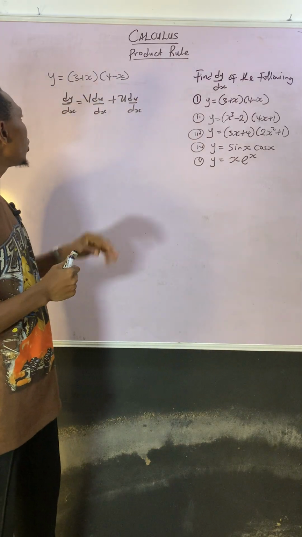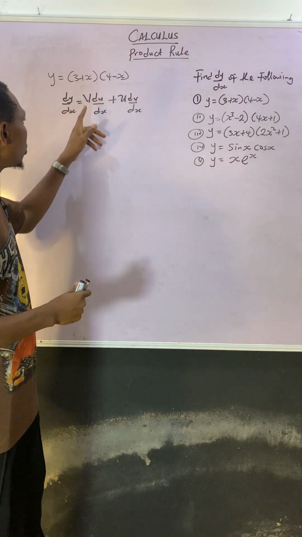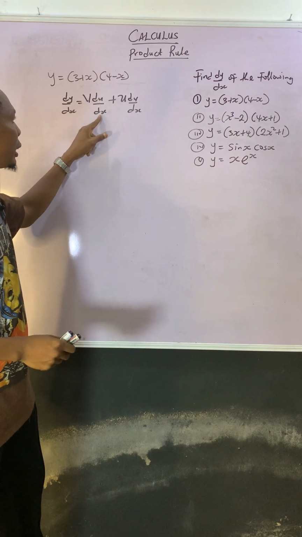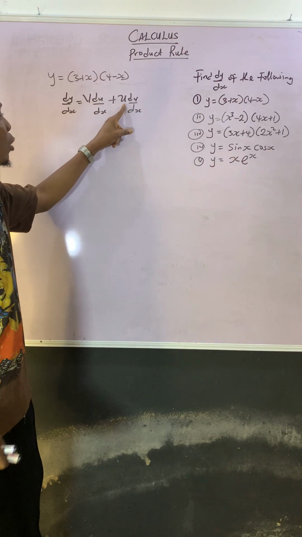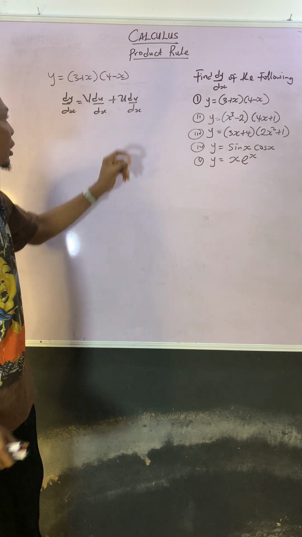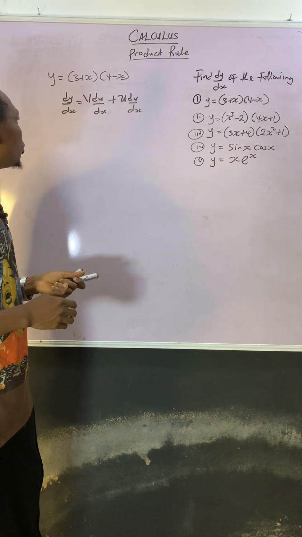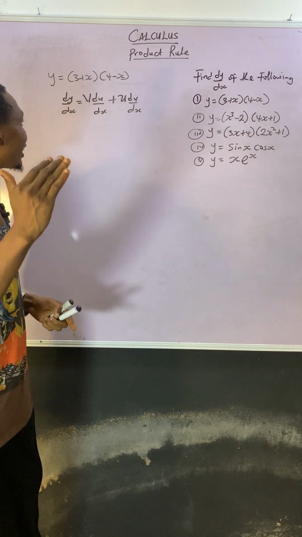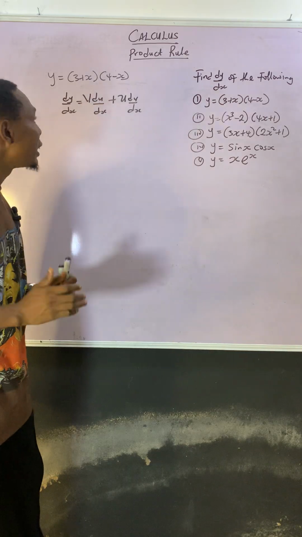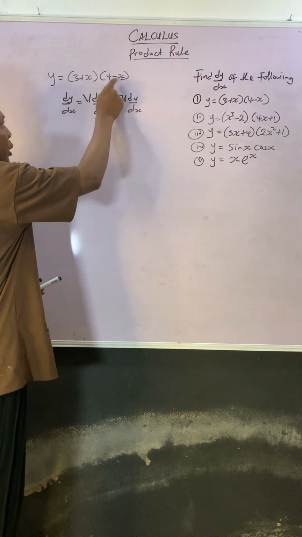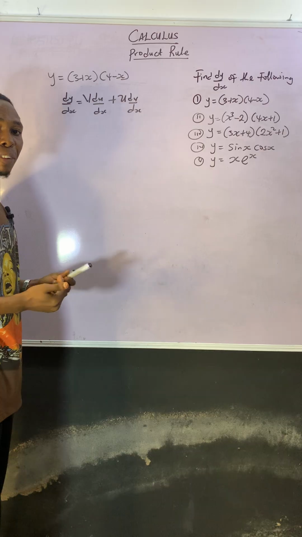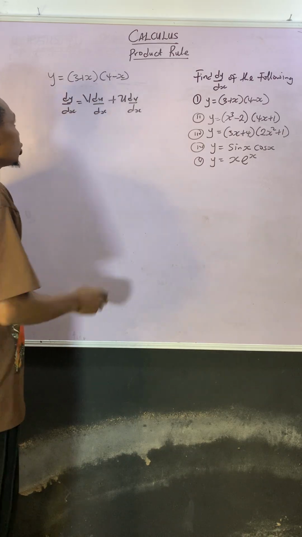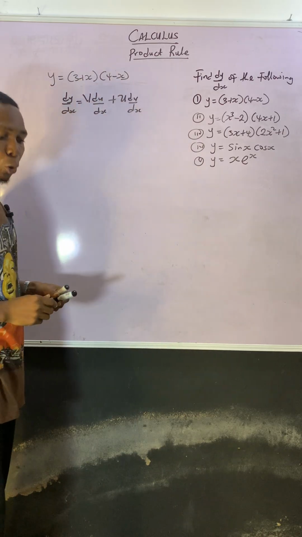It simply means that for you to find your dy/dx, you have to look for v, du/dx, u, and dv/dx. So how do you find your u and your v? It's very easy. The first step is to assign a variable to both of them. Between u and v, alphabetically, u comes first. You say let u be this and v be this.